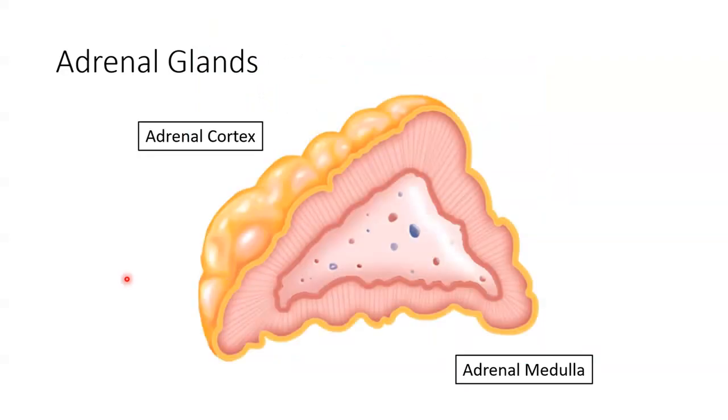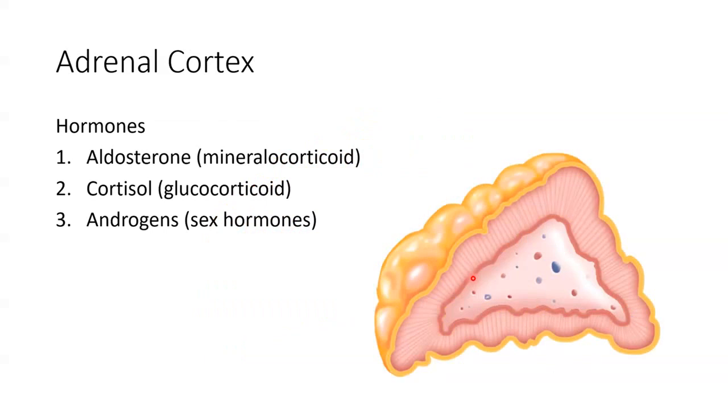Our next gland is the adrenal gland, and remember these glands consist of two distinct regions. We have the adrenal cortex, which is the outer layer of the adrenal gland, and then the adrenal medulla, which is that middle section. So taking a look at the adrenal cortex first, there are three types of hormones that we're going to take a look at.